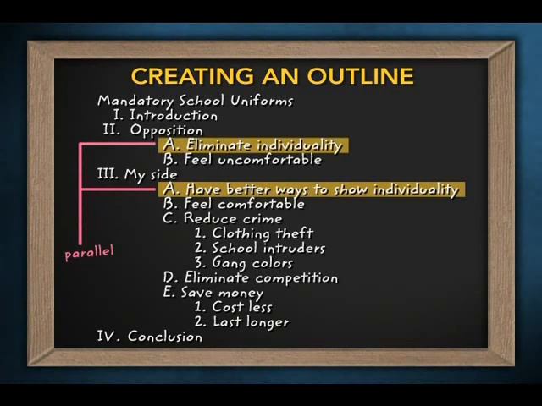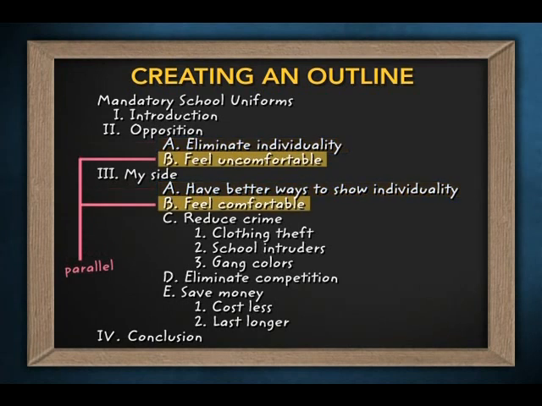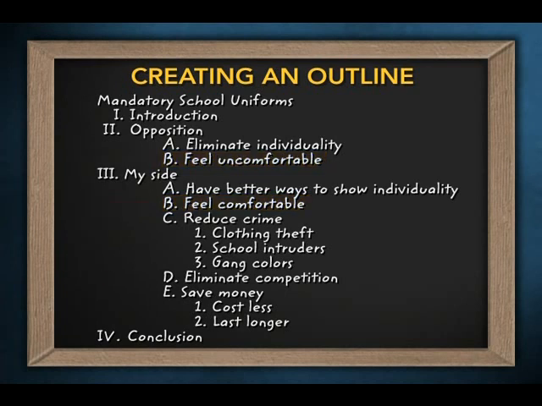Eliminate individuality, have a better way of showing individuality. My Roman numeral 2B parallels my Roman numeral 3B. Feel uncomfortable, feel comfortable. So now what I've done is I've paralleled my entries and I have shown through them that my point is more valid than the opposition.